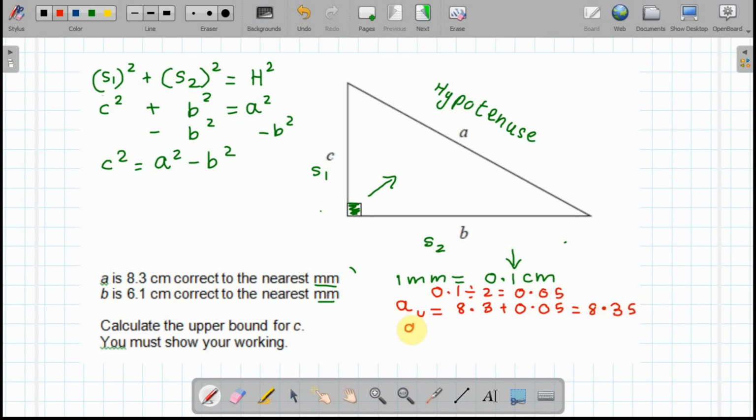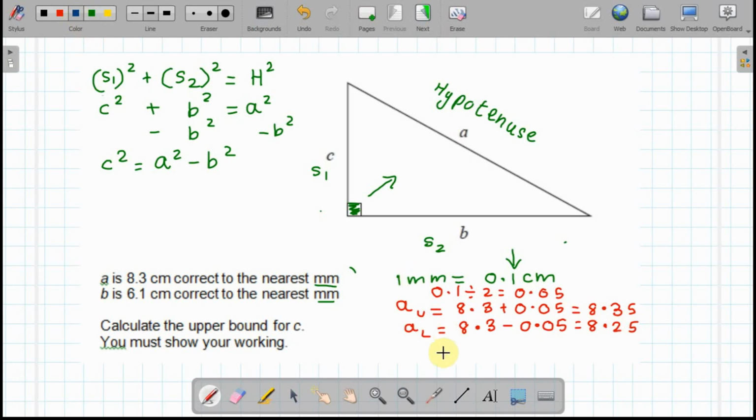And then to find the lower bound of A, I'm going to take 8.3 and subtract 0.05. So I always take the degree of accuracy, halve it, and then add and subtract to find the upper and lower bound of the individual component. That's A done.